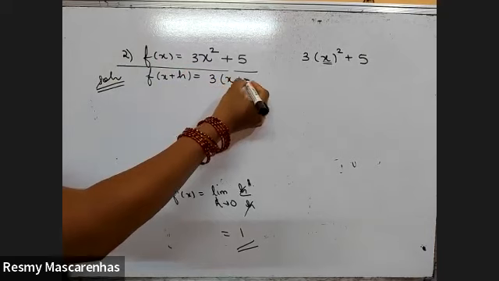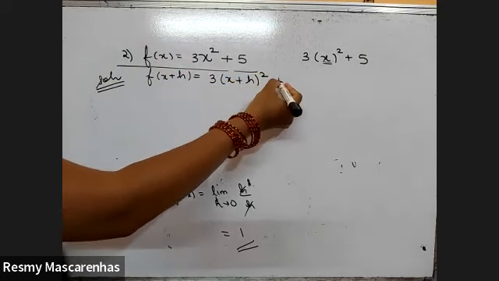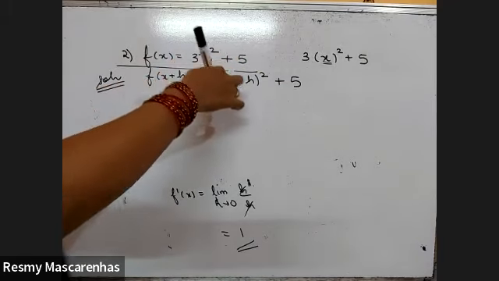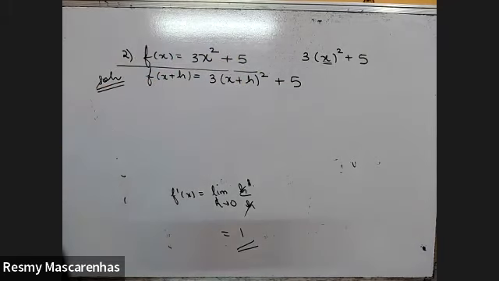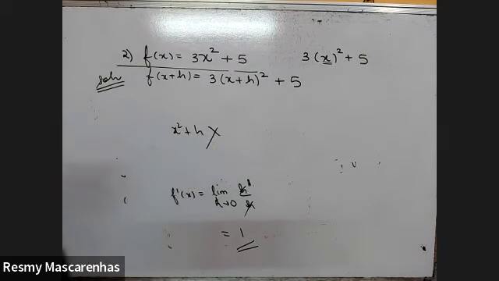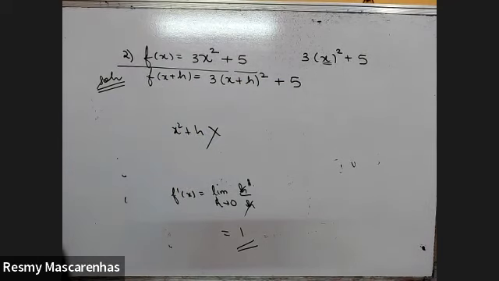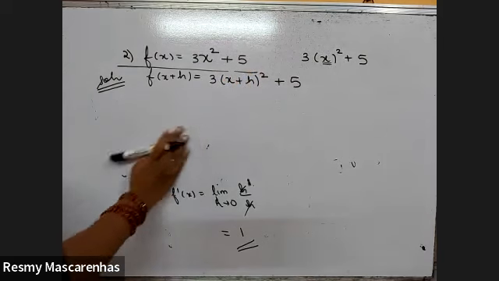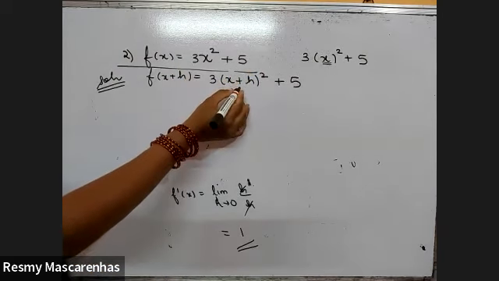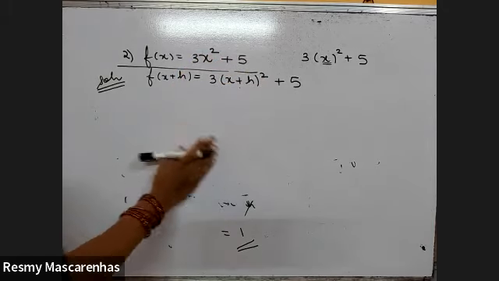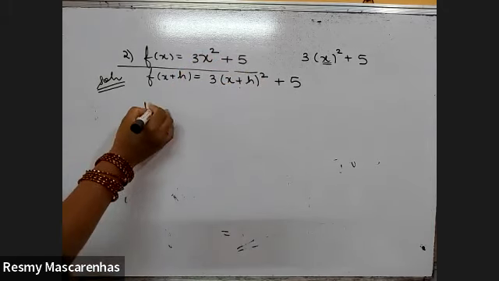So be careful here. It will look like this. In this, x has been replaced by x plus h. If you do it like this, it is wrong. It is the whole square, because x is getting converted into x plus h. So the whole square. Now write the formula.